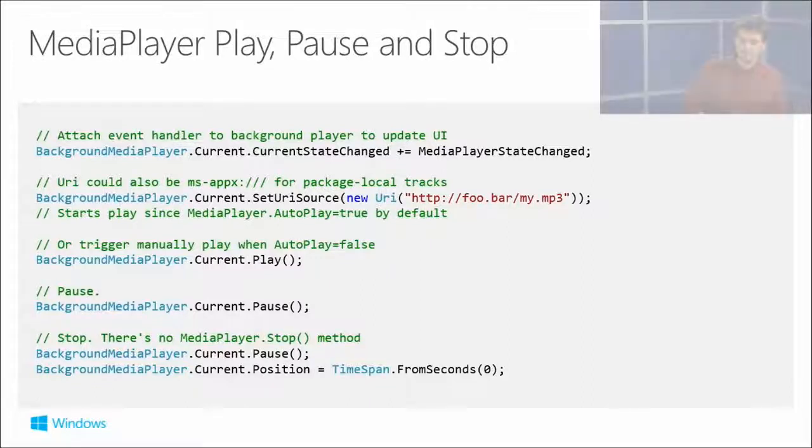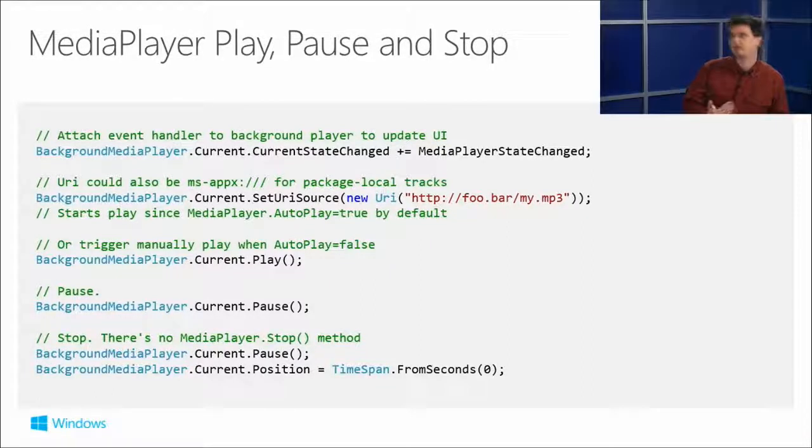So in the demo, we're actually going to pull the exact same file from the application installed folder that we did with the video editing API. And we just load it right into our background media player as a URI. And then the background media player can play it, or we can even trigger it to autoplay. We can pause it, and we can stop it.